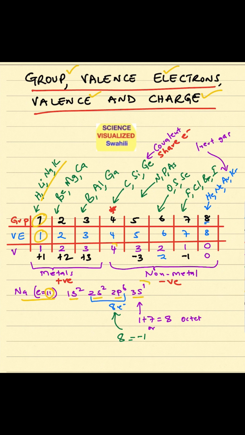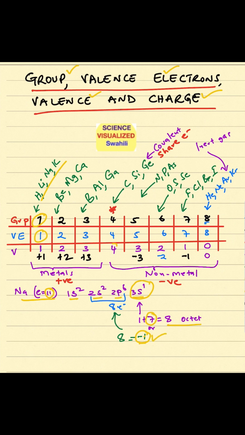But you'll see that the outermost energy level has 1 electron, the 3s1, which is an example of a group 1. It can get to an octet state, that's 8 electrons, by either accepting 7 electrons, so adding 7 more electrons, or losing 1 electron. We'll see that it will prefer to lose 1 electron than to accept 7 electrons.